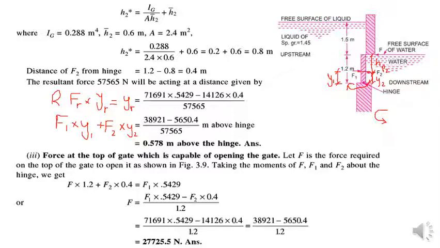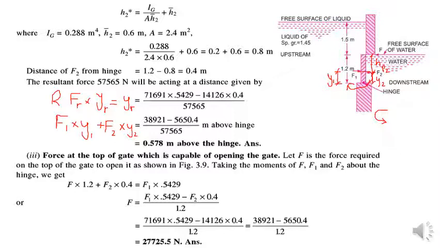The resultant force multiplied by its moment arm from the hinge will be equal to F1 and F2, the individual forces. These individual forces are producing a moment about the hinge, which will be equal to the force needed to be applied at the top of the gate.